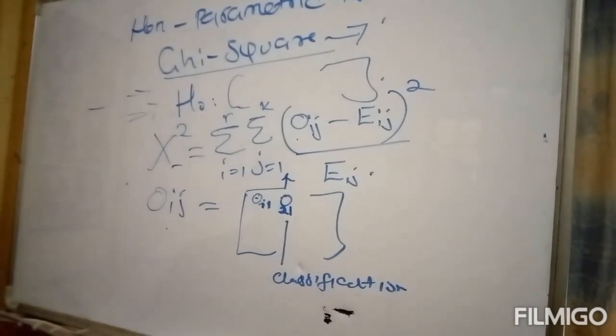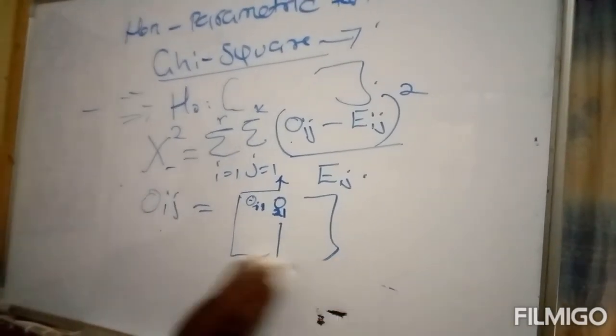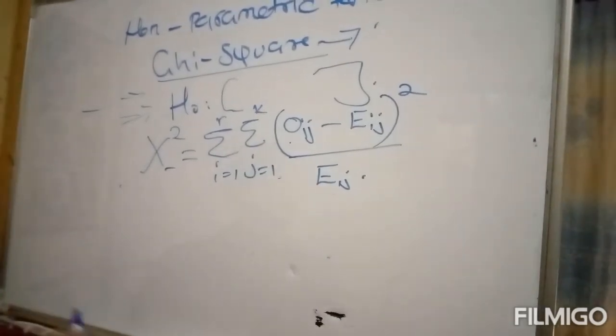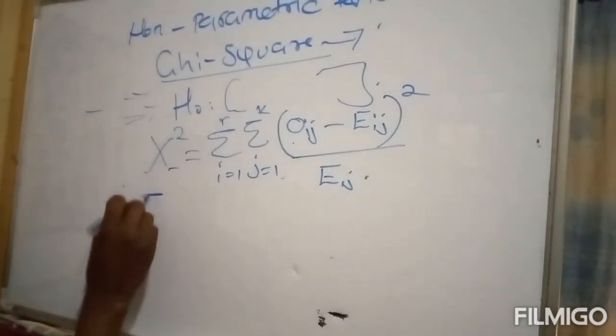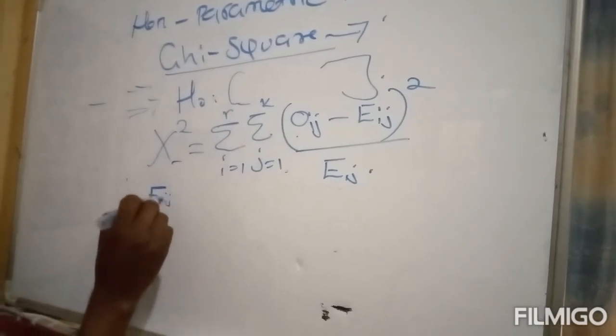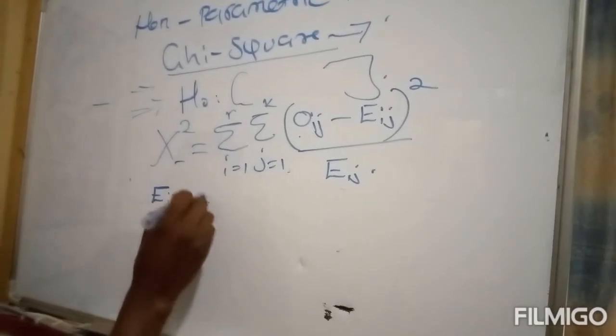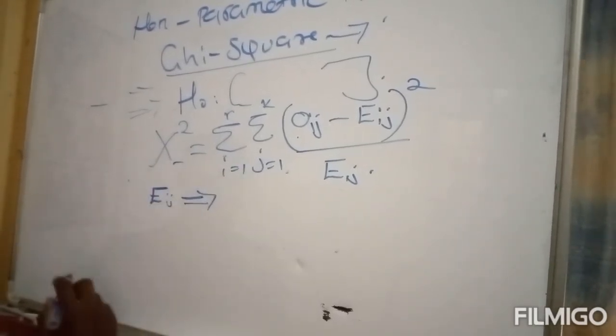Let me now go back to my formula and explain what we mean by E_ij. The E_ij in this case represents the expectation, what we are expecting from our null hypothesis.